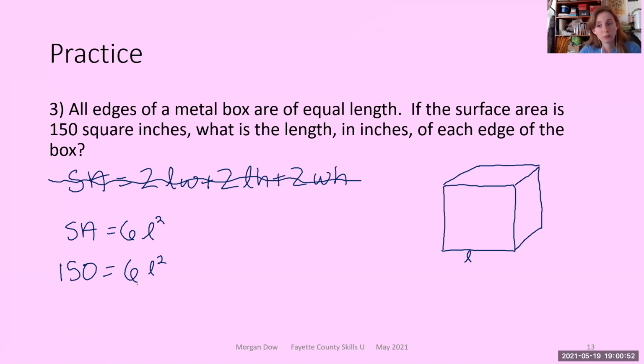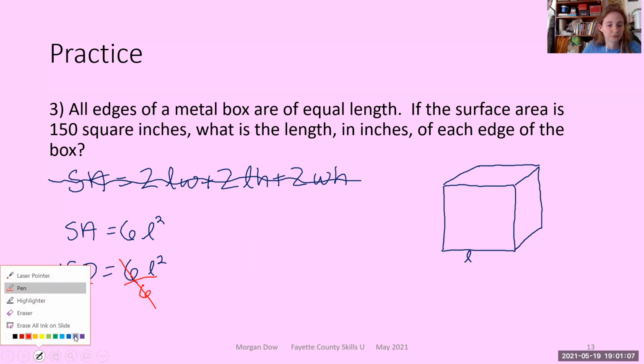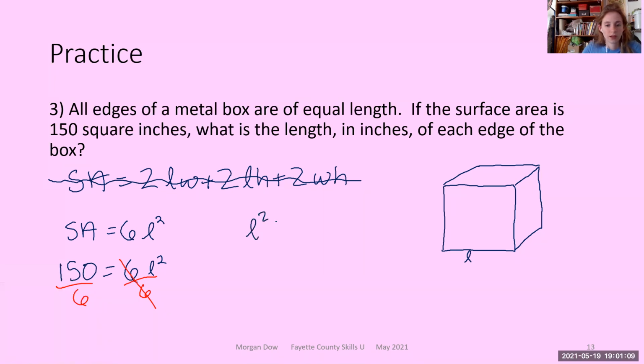The 6 is being multiplied with L squared. So we do the opposite, we divide both sides by 6. So we find that L squared is equal to 150 divided by 6, which is 25.